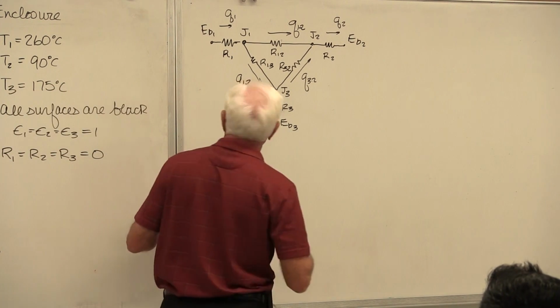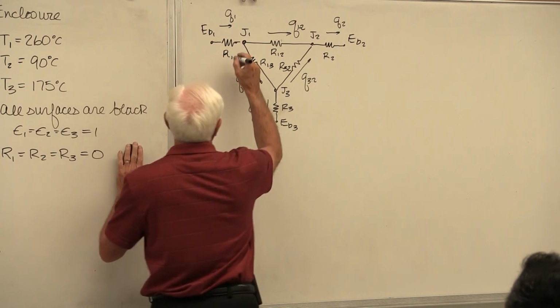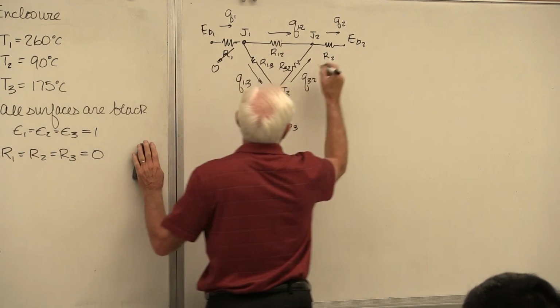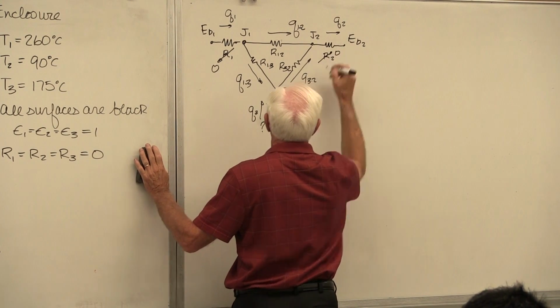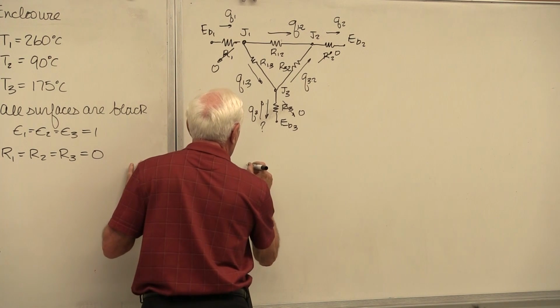So let's do first things first. This is all black surfaces. All the R, 1, 2, and 3 are 0. Okay, gone, gone, gone. The new circuit looks like this.